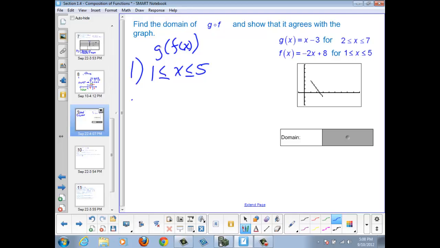So for the second step, I take the domain restriction for g, 2 is less than or equal to, and then I place my calculation for f, the equation for f, in for x. -2x plus 8 less than or equal to 7. And I solve for x, being democratic. So I subtract 8.